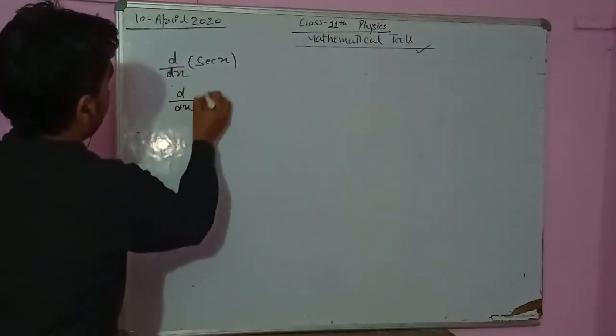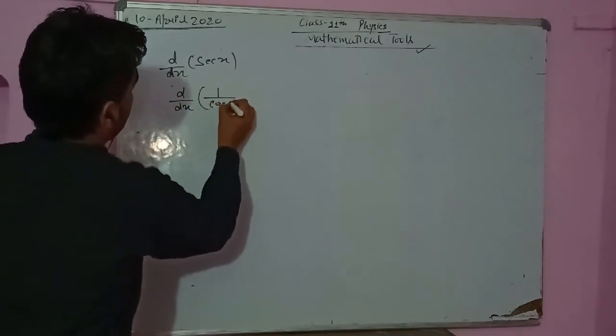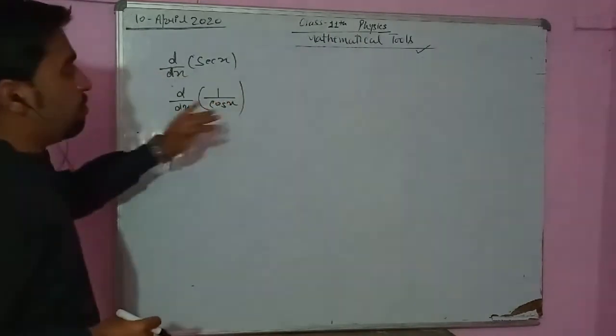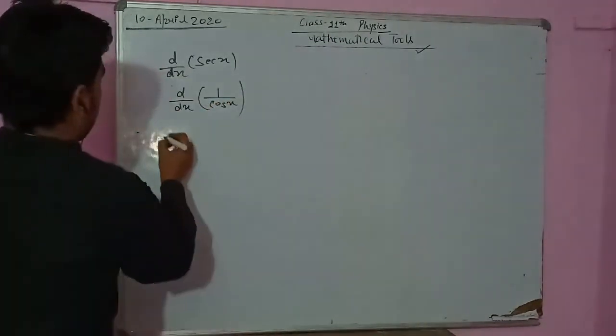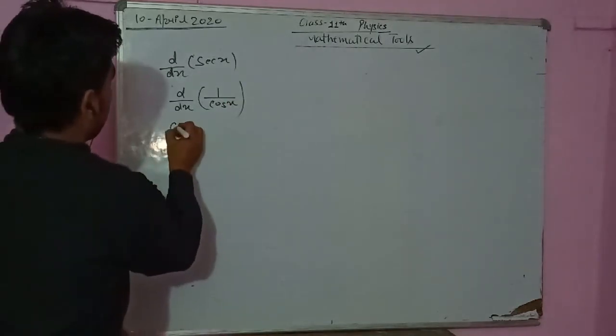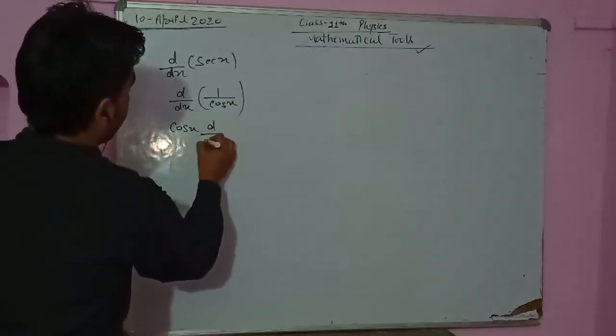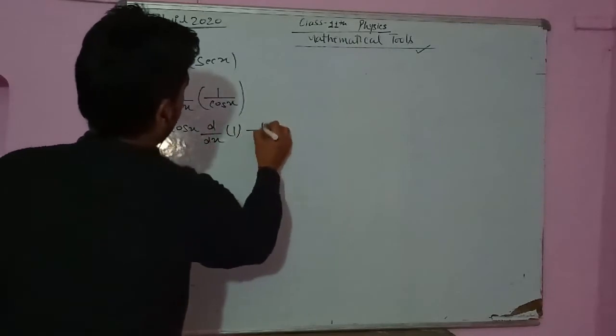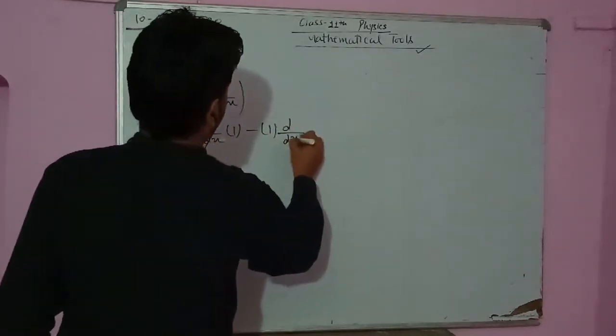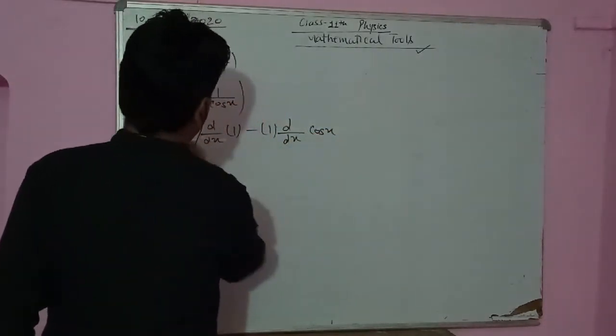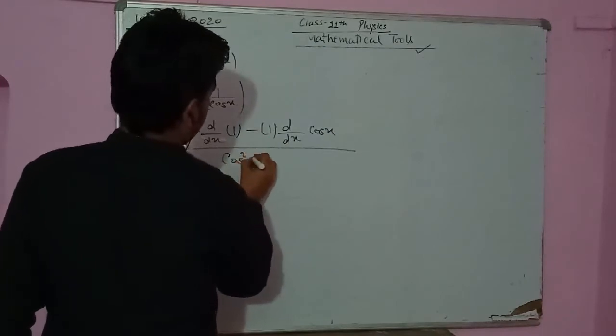Sec x we can write as 1 upon cos x. So what we will do: write cos x times the differentiation of the numerator, minus the numerator times the differentiation of the denominator, divided by denominator square.